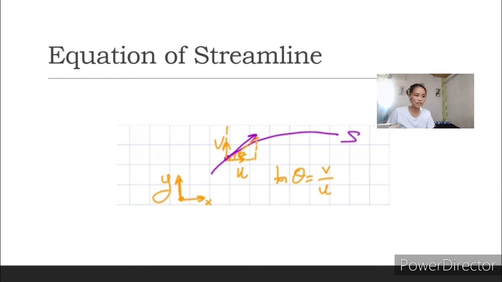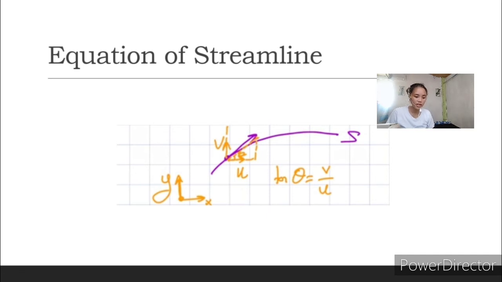Okay, so let's look at this component here. The broken yellow line is our component or displacement, and there we have the u, v, and the k. From the broken yellow line, we have u on the x-axis and v on the y-axis.